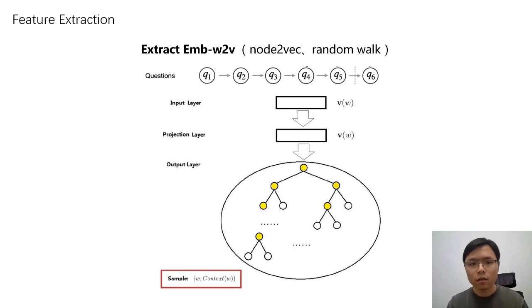We tried the embedding methods such as word2vec, node2vec, random walk, and TF-IDF, and so on.